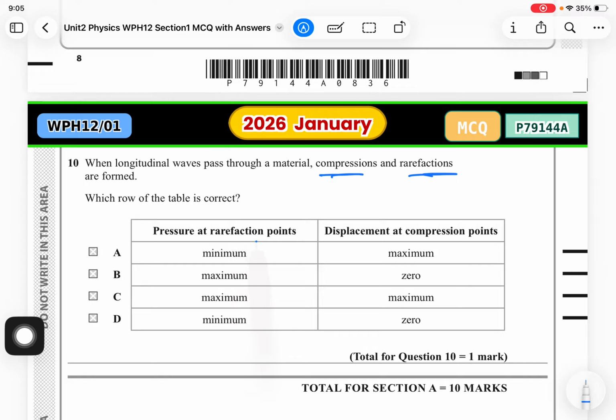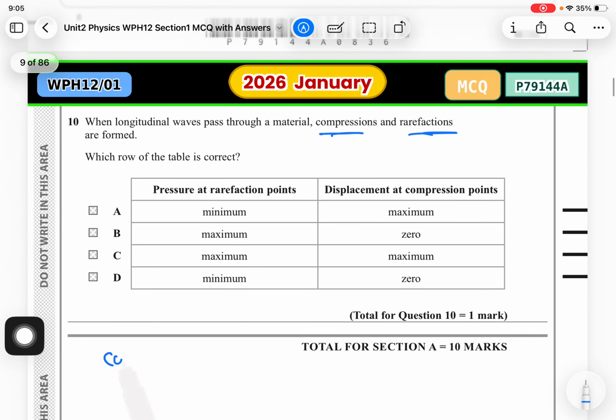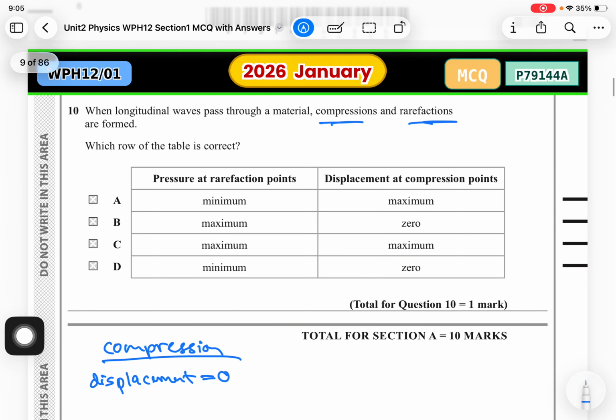It's easy to understand, because if I take a compression, at a compression we know displacement is 0. So if I take all the attributes, displacement will be 0. Because of that, only these two options remain.